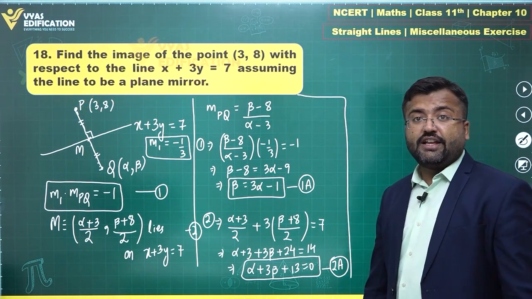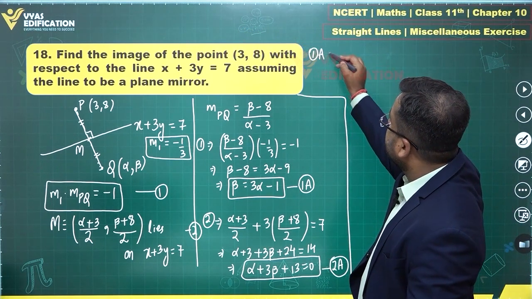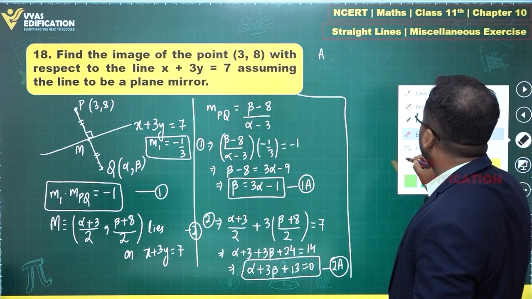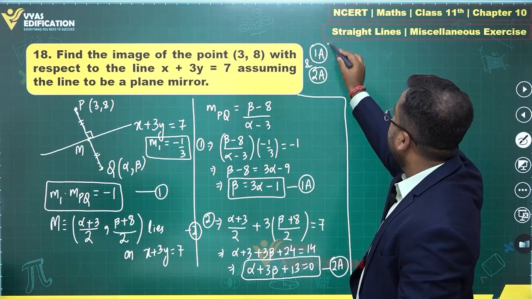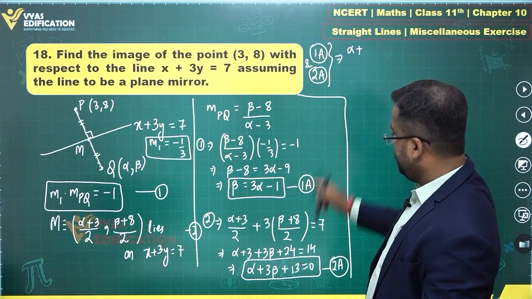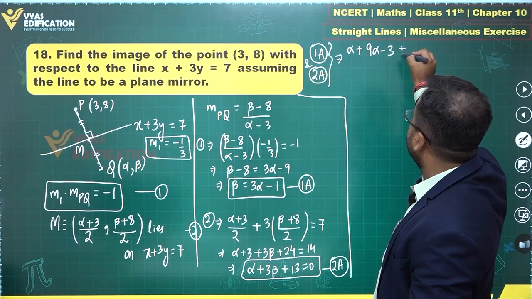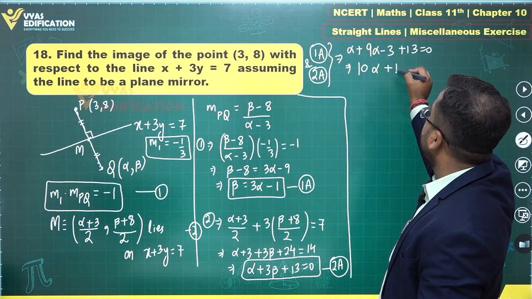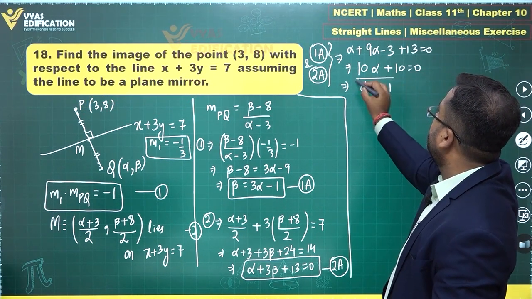Now I can solve using 1a and 2a and get the values of alpha and beta. Combining 1a and 2a gives alpha + 3(3 alpha - 1) + 13 = 0, which tells me 10 alpha + 10 = 0, so alpha is equal to -1.